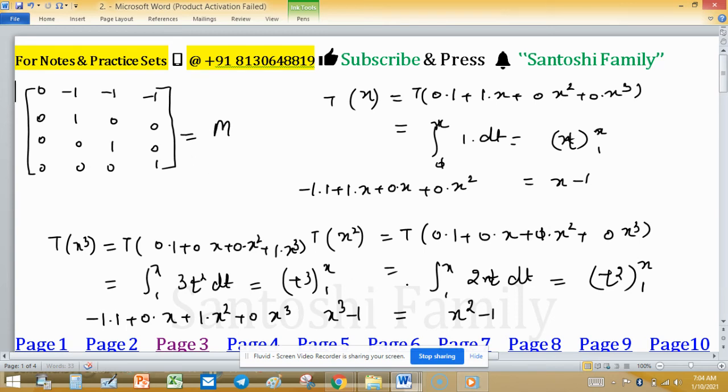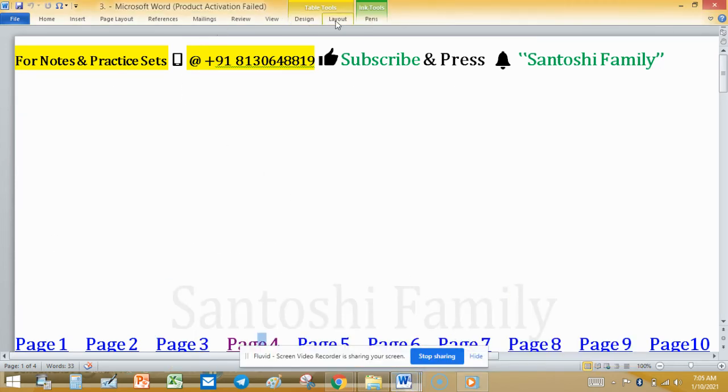Now we need to find M transpose. M is 0 0 0 0, minus 1 1 0 0, minus 1 0 1 0, minus 1 0 0 1 row by row.